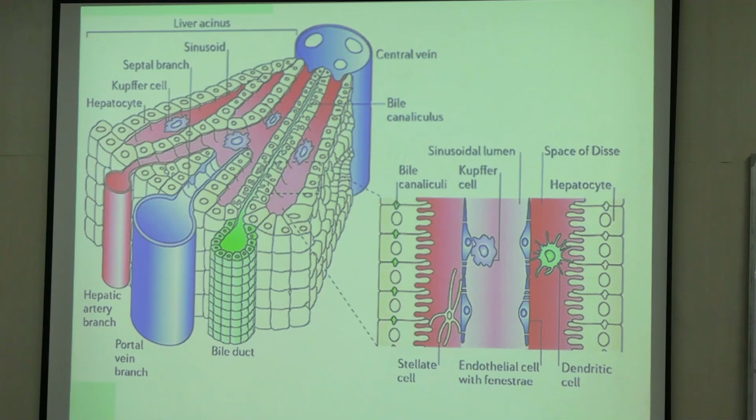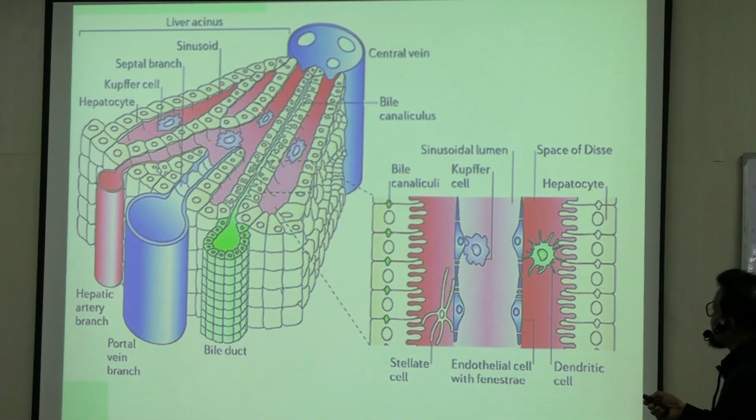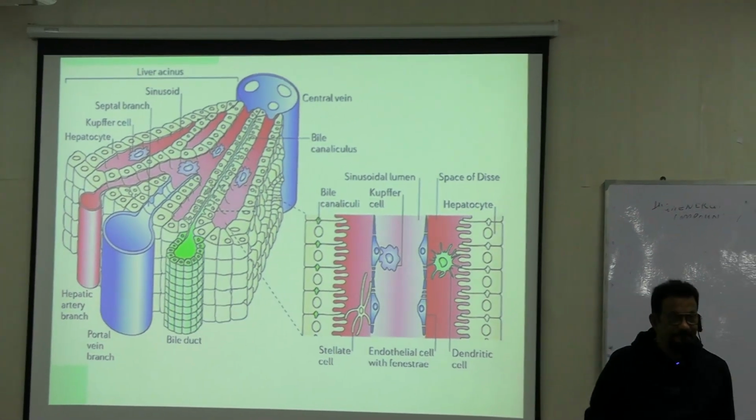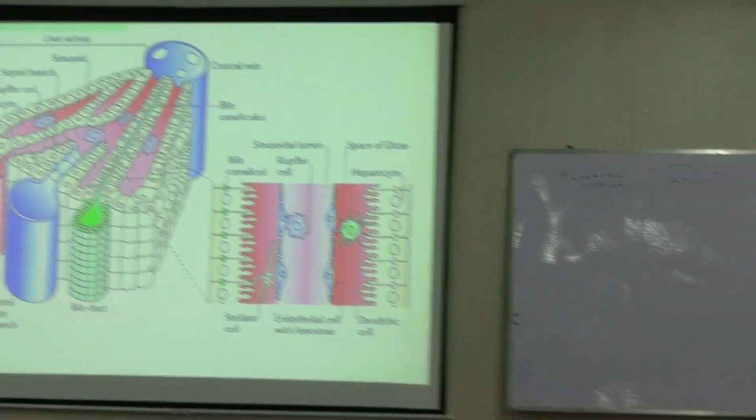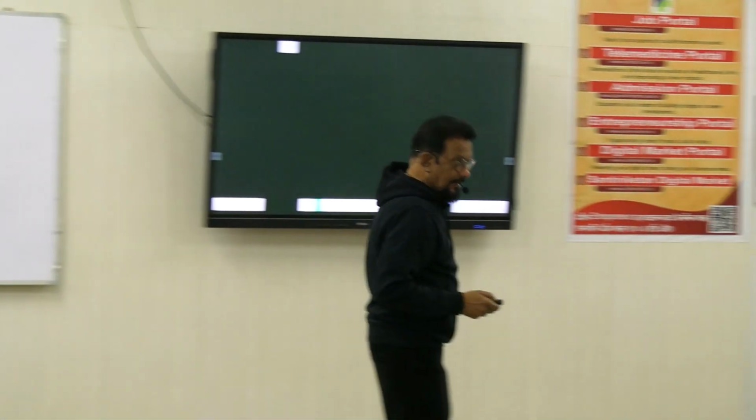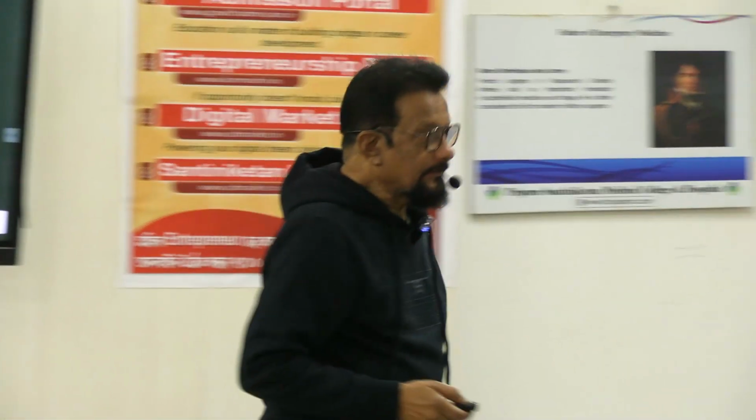So these are hepatocytes. About 97 to 98% of the cell constituent of the liver is hepatocytes. Okay. So what are these? Kupffer cells. What is their function? Protective function. They engulf and destroy microorganisms and toxins.